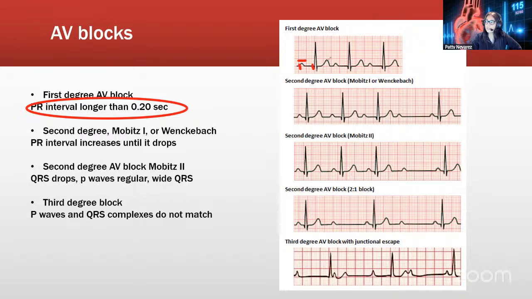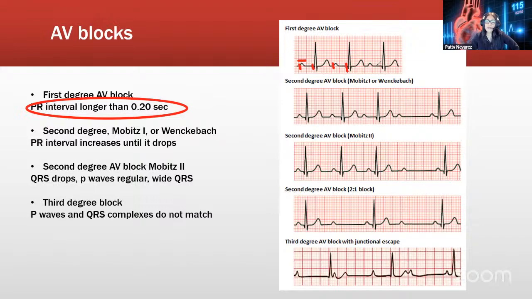Another characteristic is this rhythm is regular. Every beat is going to look exactly the same. So if we have our calipers and we measure from the beginning of the P wave to the beginning of the QRS, it is going to measure exactly the same on every beat. So it's constant, it's rhythmic.